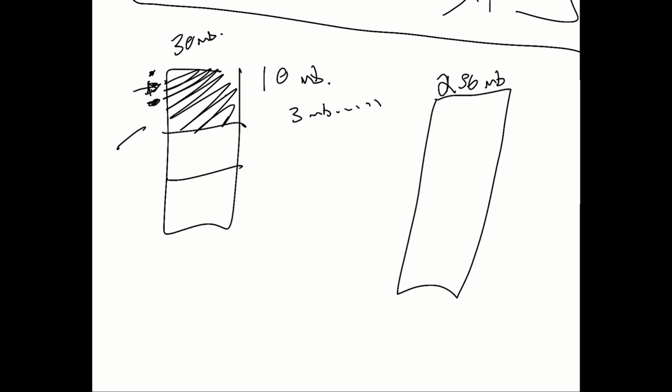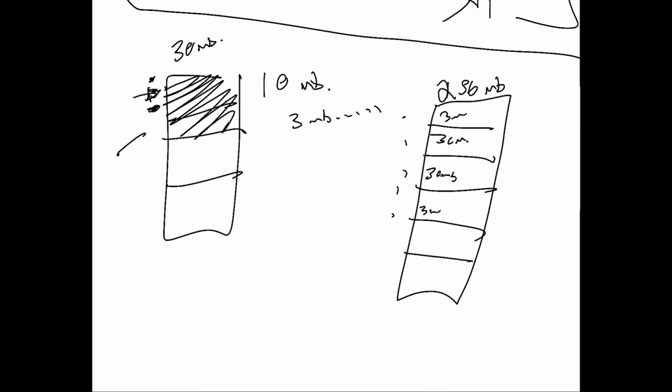We're going to load in 10 megabytes, a piece of data and a piece of instructions, into memory. And so we can load in about 8 of these, because 3 times 8 is 24. So we have about 8 of these stored in main memory. And that means we can feed our processor 8 processes.